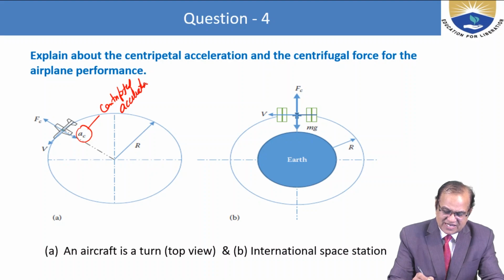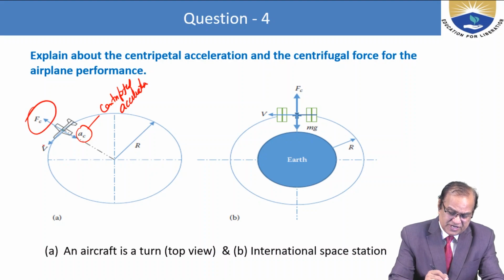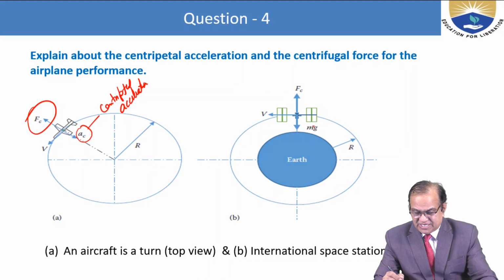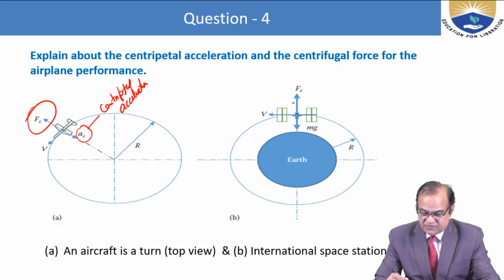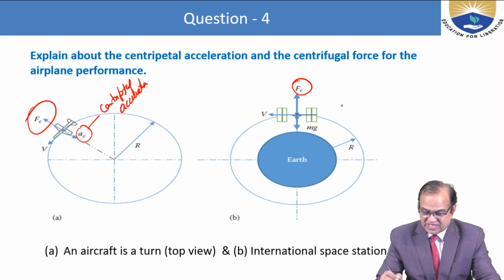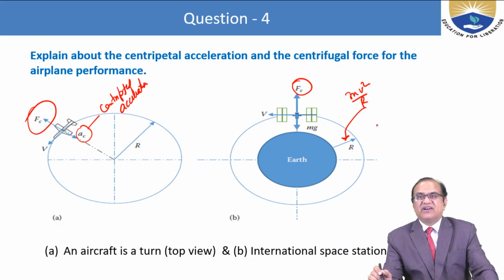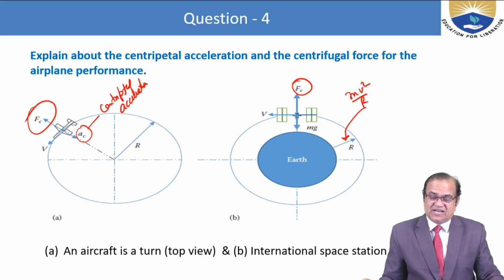This centripetal acceleration will generate a centrifugal force which is in the opposite direction. Velocity is in this direction. Weight is mg. If it is at the top, then there is a centrifugal force. This centrifugal force and mg will be countering each other, and we know that the centrifugal force is mv squared by r, where r is the radius of the circle.